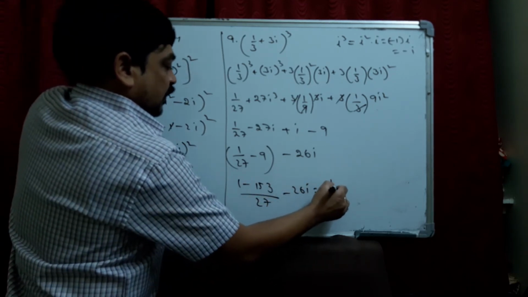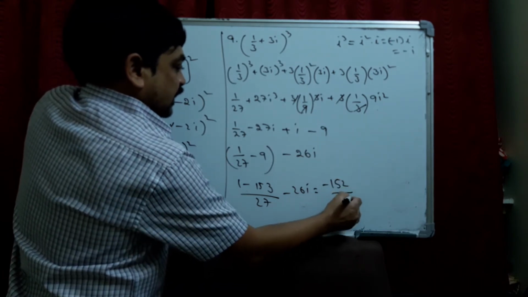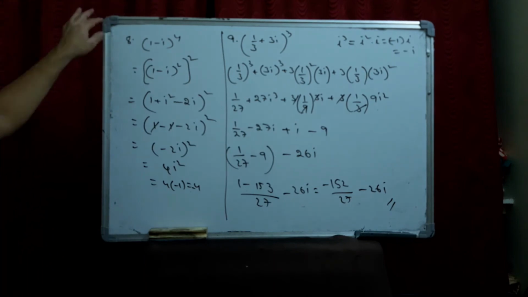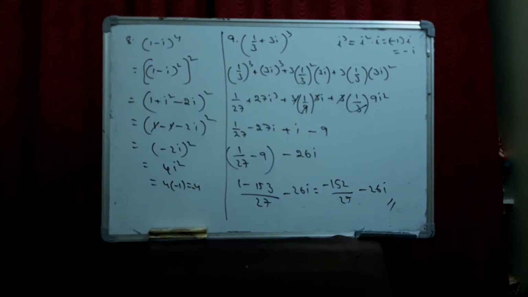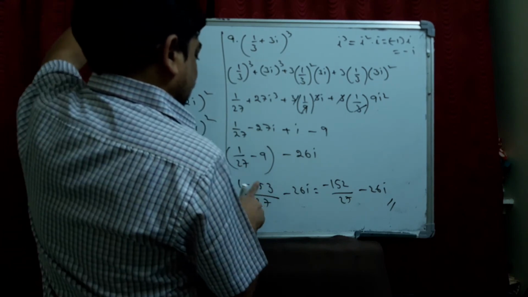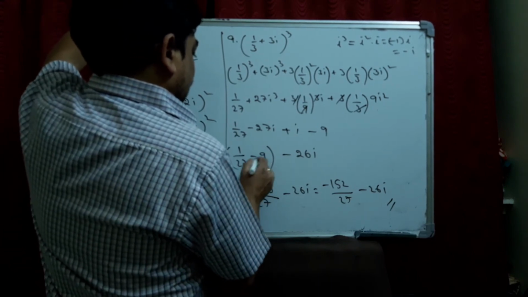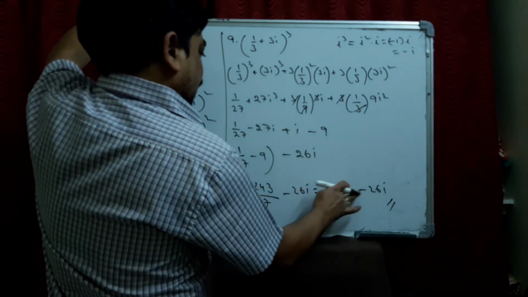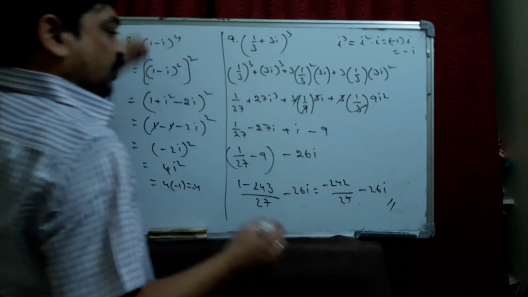It becomes minus 152 by 27 minus 26i. Sorry, some calculation: 9 7s are 63, 9 2s are 80... plus 2, sorry, 62. 243. It becomes minus 242. Okay, right.